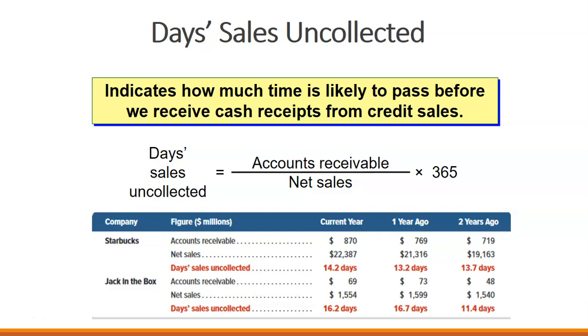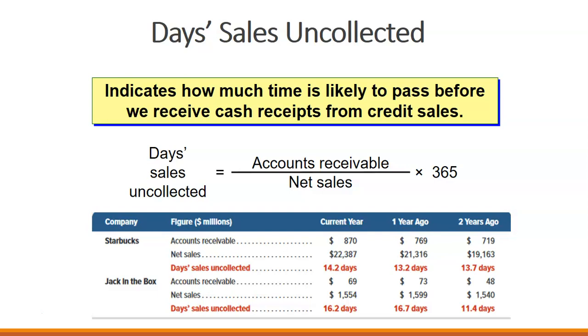So we can see here Starbucks and Jack in the Box. So we have comparisons. Starbucks has a 14.2 day average collection. So on average, it takes 14.2 days for our customers to pay their accounts receivable debt. When we look at this and we want to do an analysis of these companies, we have 3 years of information.